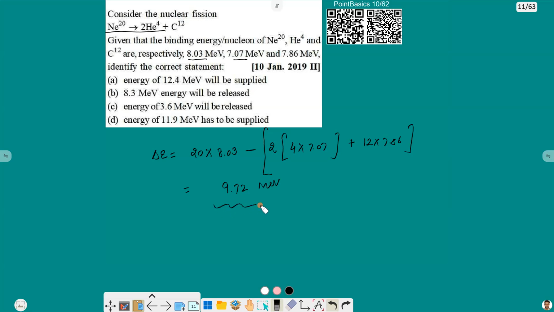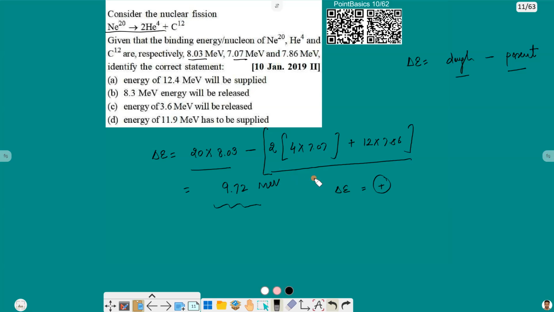So we can see here that this delta E is positive. Basically, this delta E is parent minus daughter, whereas normally we do daughter minus parent.